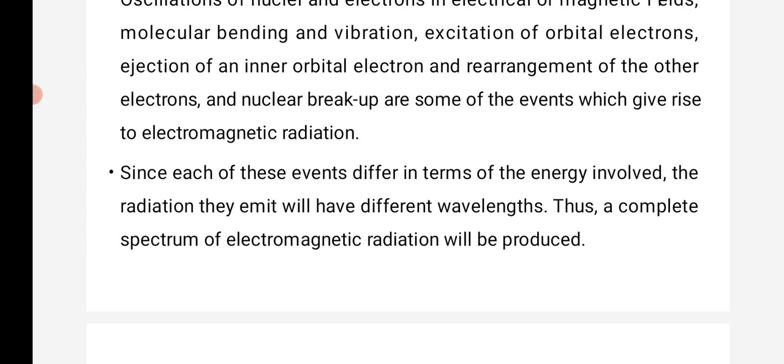Since each of these events differs in terms of the energy involved, the radiation they emit has different wavelengths. Thus, a complete spectrum of electromagnetic radiation will be produced. So the beam of light, the rays of light, are produced in different wavelengths, and finally a spectrum of wavelengths is produced.